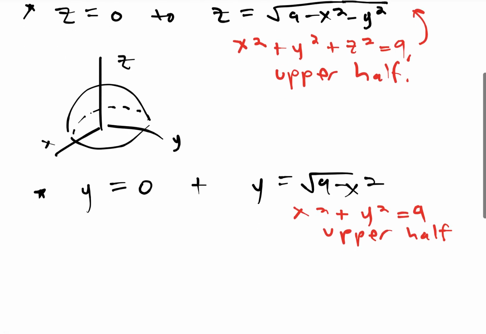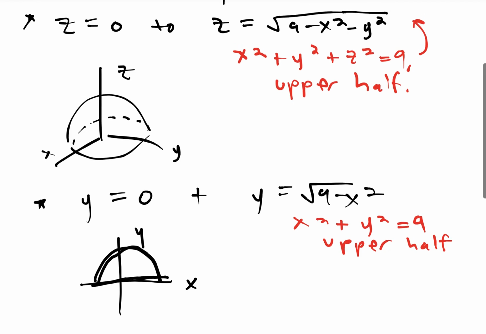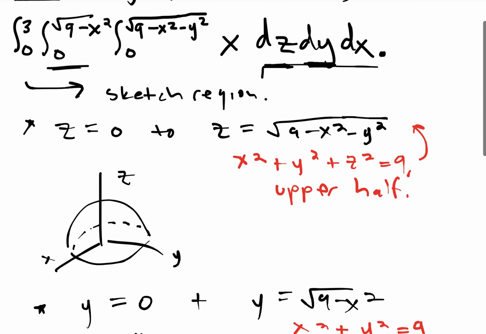So if I wanted to think about just strictly my xy plane, y equals 0 to that curve is really specifying this curve within my xy plane. And what that's going to mean is that I don't actually care about the whole hemisphere. I just care about a portion of it.